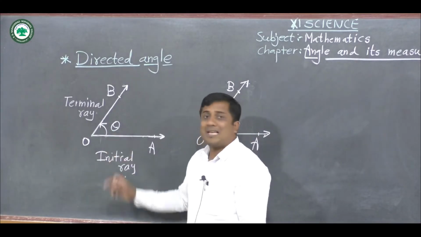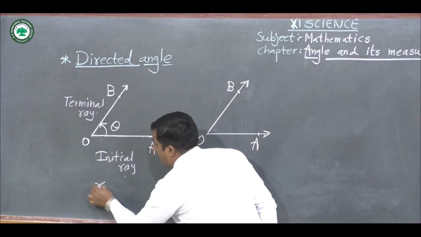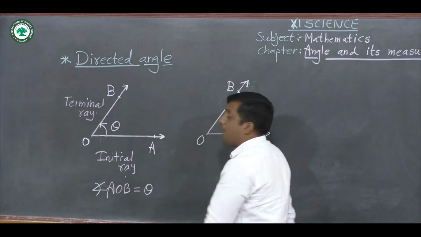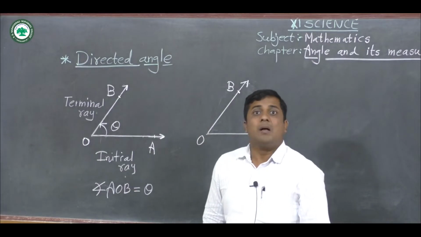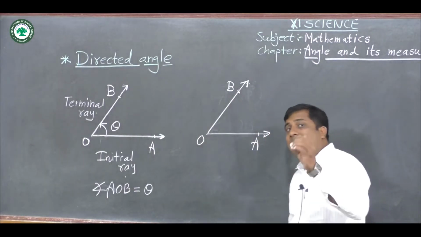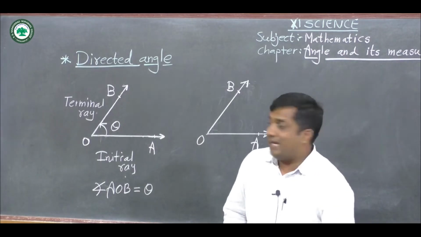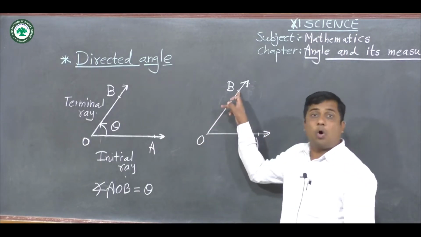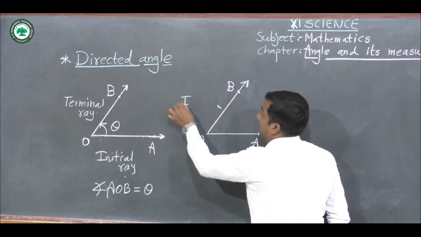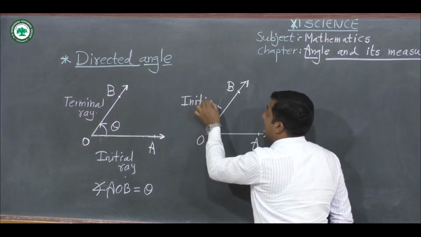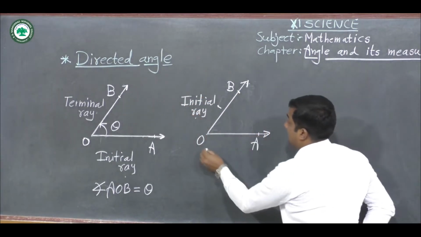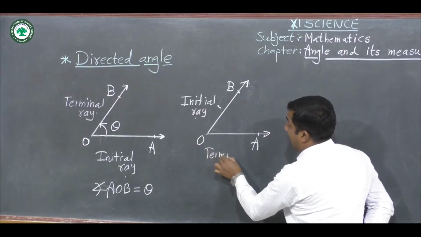If rotation is anti-clockwise, then the measure of angle AOB is always positive. Then in the second figure, if we consider the same amount of rotation, and we consider OB as the initial ray, I write this OB as the initial ray, then for OA we consider the terminal ray.